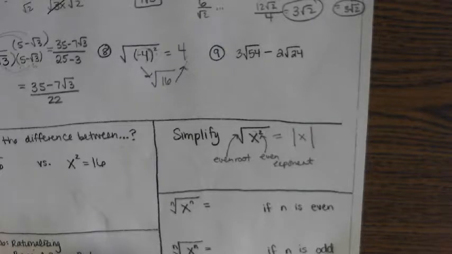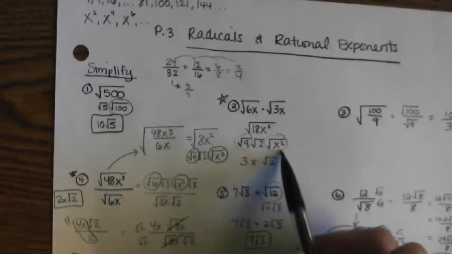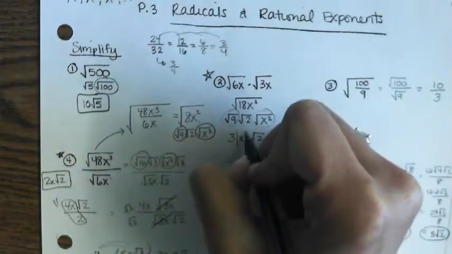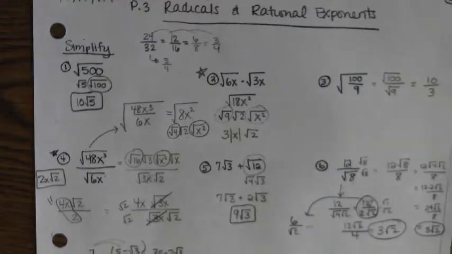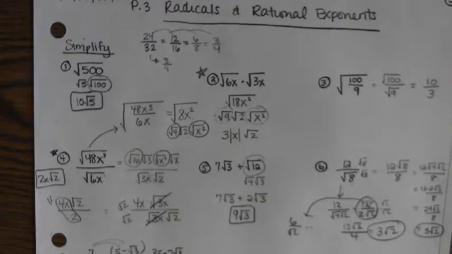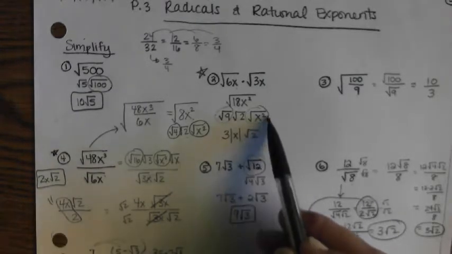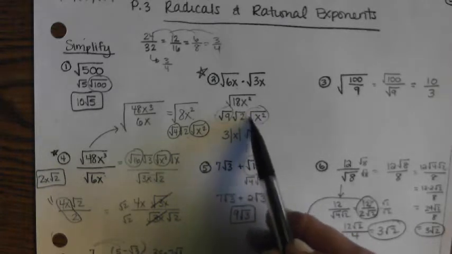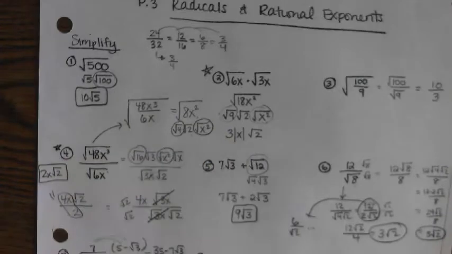So go back to number 2, where we took the square root of x squared. That actually should have been the absolute value of x. And that just protects against the what if x is a negative number kind of scenario. Because if x is a negative number, again, and you square it, it becomes positive. So the radical of it will have to be positive.